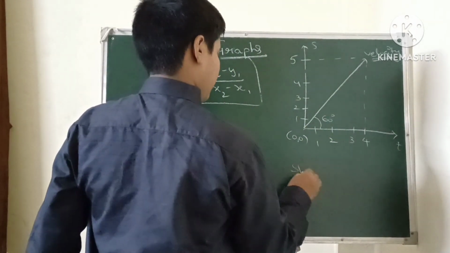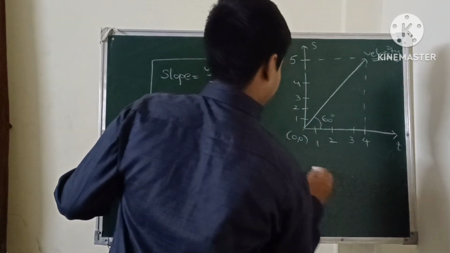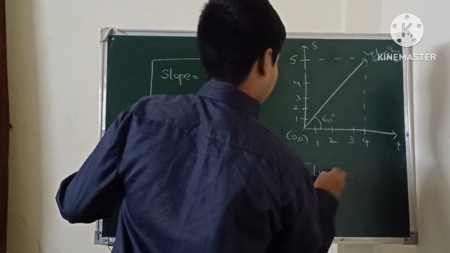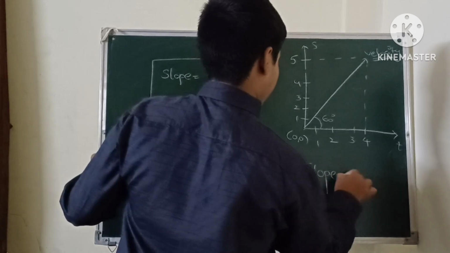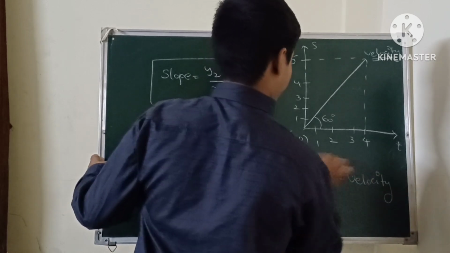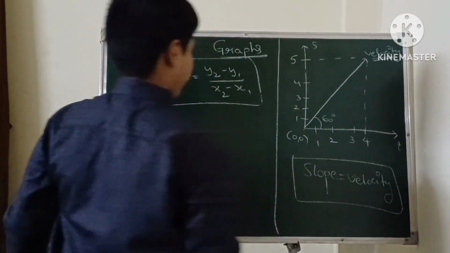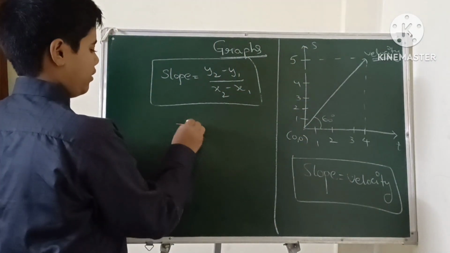Note it. The slope is equal to velocity. Okay. So here I have to find the slope.